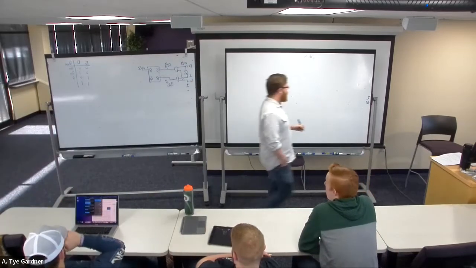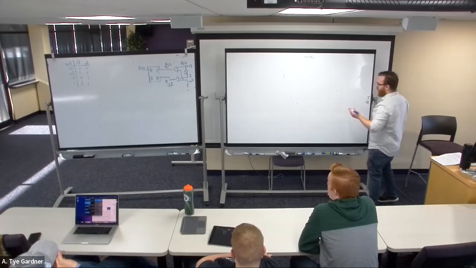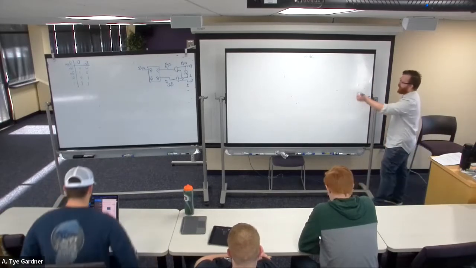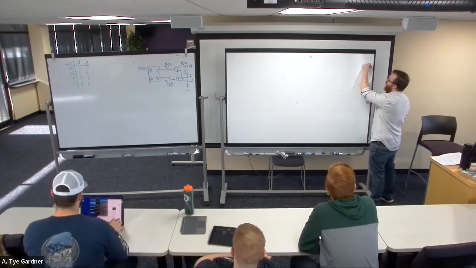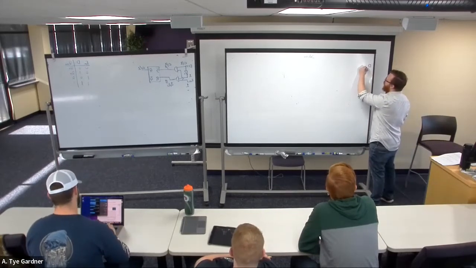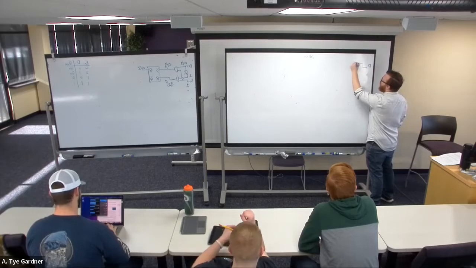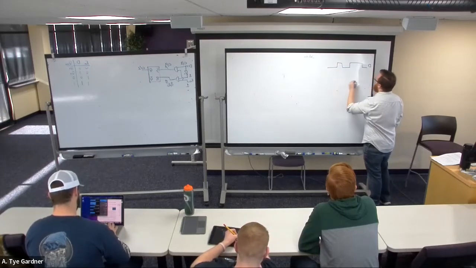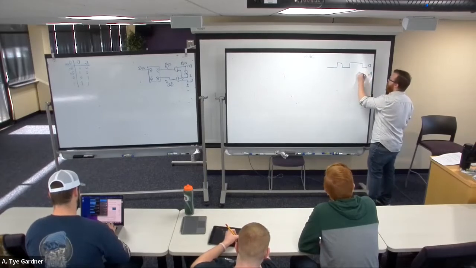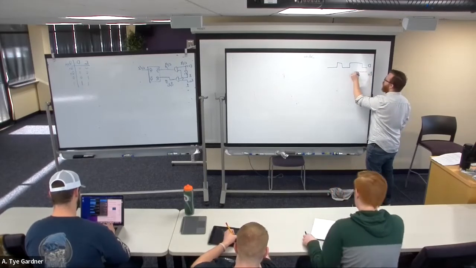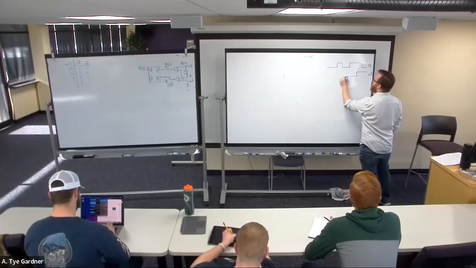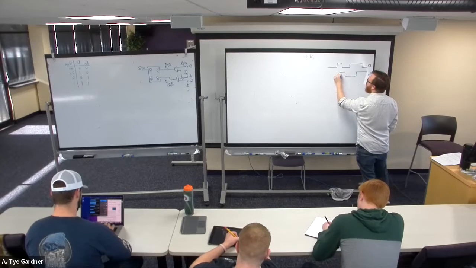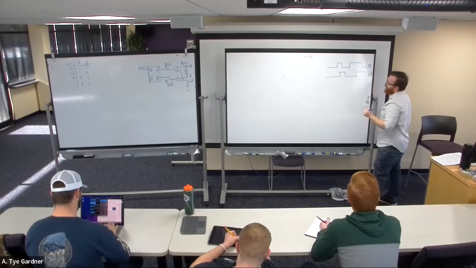So we're going to look at a lot of timing diagrams for this latch section. That's going to be the homework, really, is mostly timing diagrams. So let's say that we have a D input and we have an enable input. That does this.